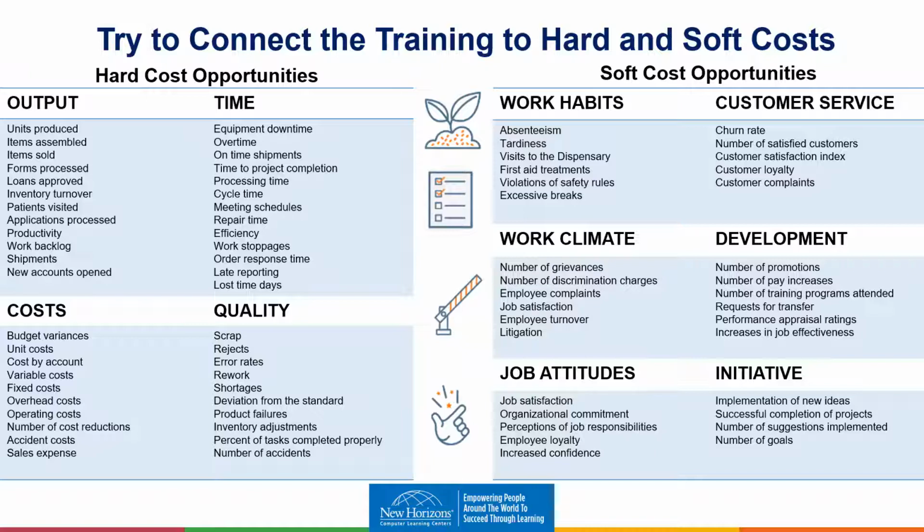What that allows us to do, especially when we categorize it in one of these areas, in employee turnover, in that soft cost, is start looking at what is the benefit if we do this training effectively and it has noticeable results. There's a dollar amount that the organization will see as a result of our training efforts.